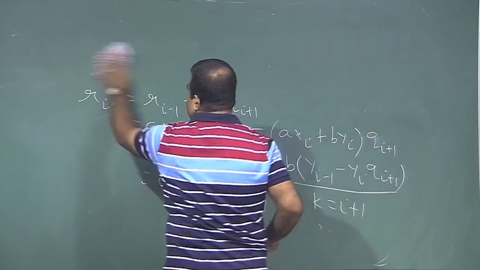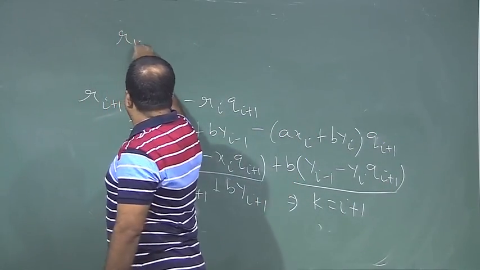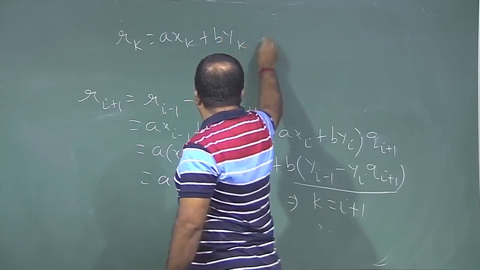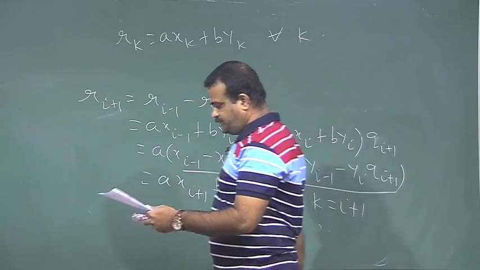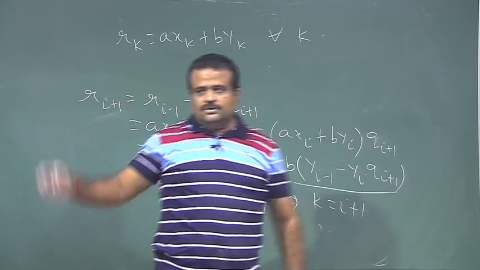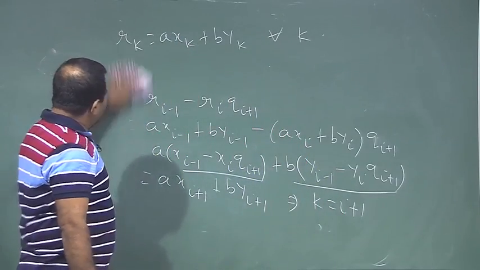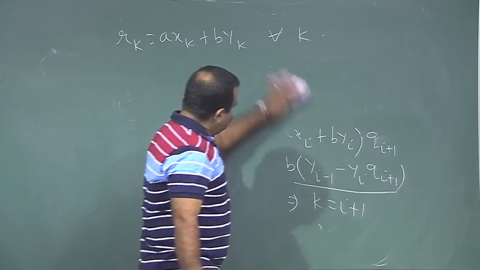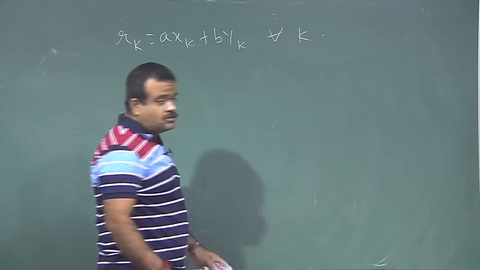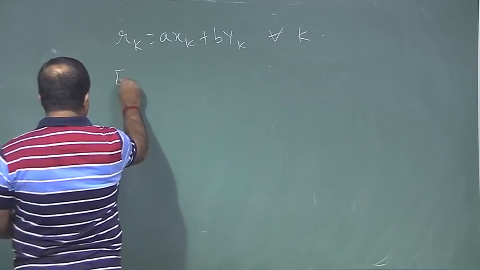So, by mathematical induction, r_k is equal to a x_k plus b y_k for all natural numbers k. These r_i are basically the remainders, and by the Euclid algorithm we slowly proceed until we get a remainder of 0.